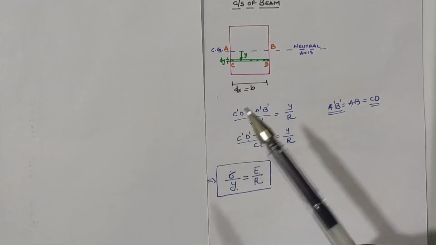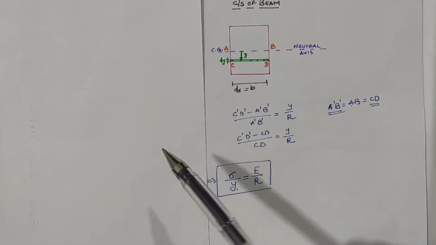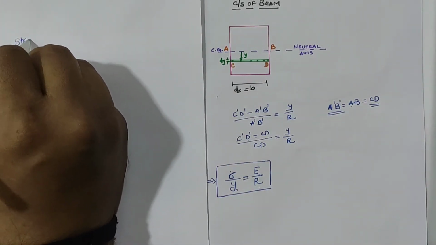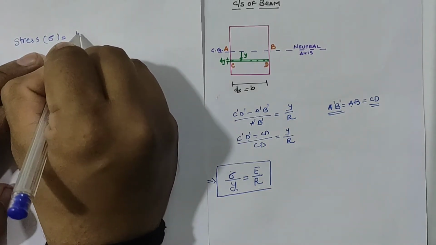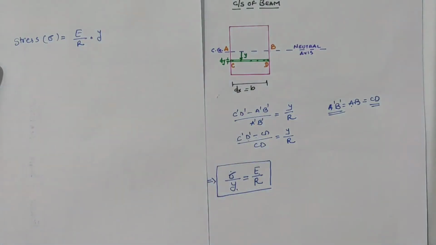As now for the cross section of the beam we have derived sigma by y is equal to E by R, hence our stress value can be written as sigma, which is equal to E divided by R into y.